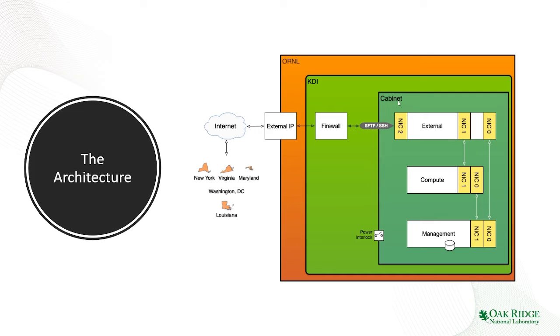So there's a specific network interface card. There's an actual port on this machine that is plugged in to go out. There's one that is specifically hardwired to connect to compute, one that is hardwired to connect to management, and compute has one that connects to external, one that connects to management, and then management has specific ports that connect to compute and external.